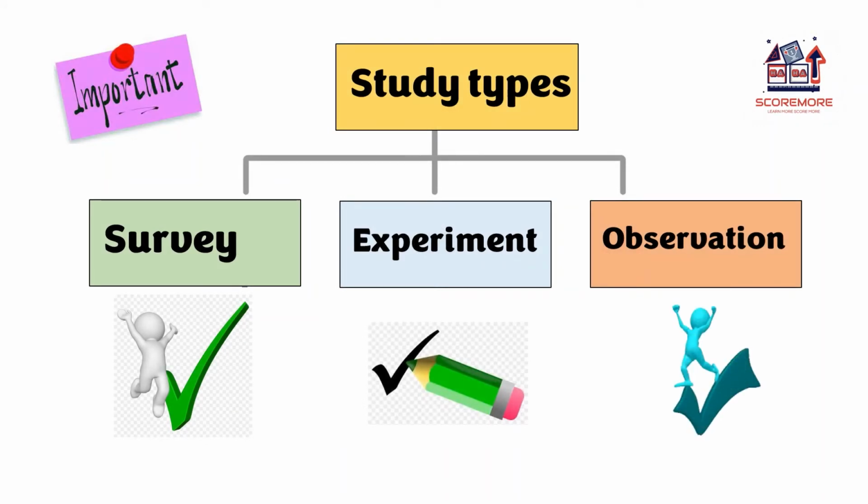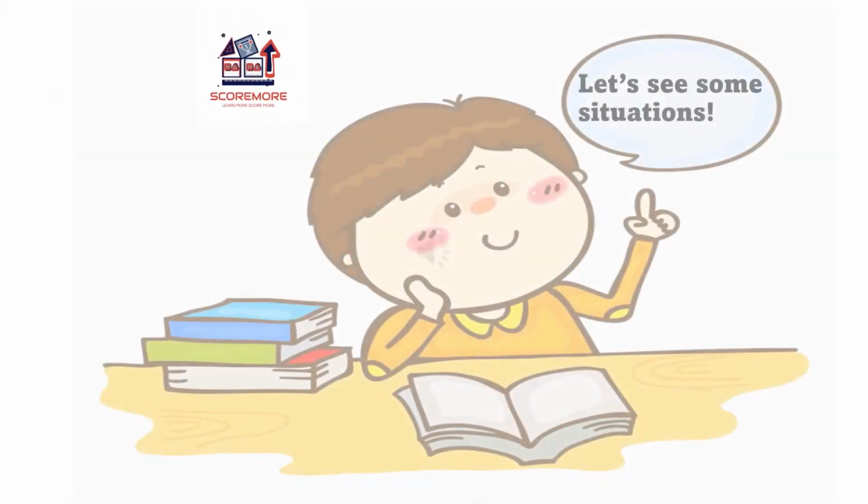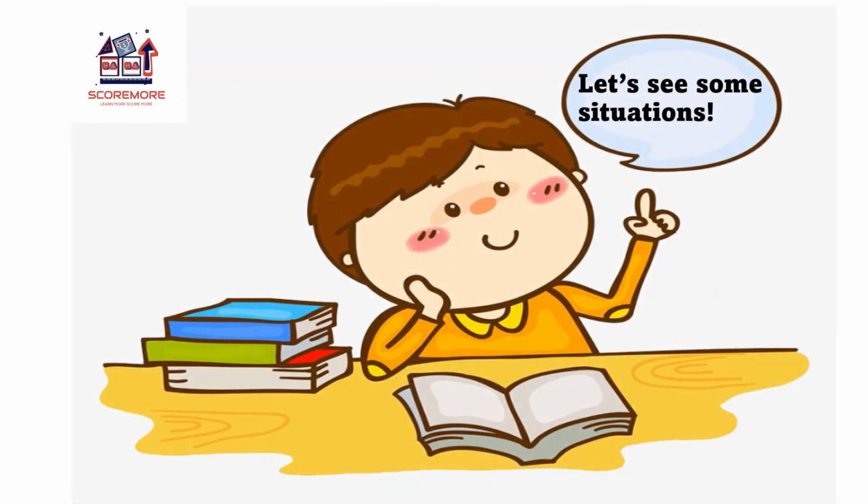Done with all the three types now. If you have doubts, watch from the beginning again before we proceed. Let us see some situations and classify the types of study.